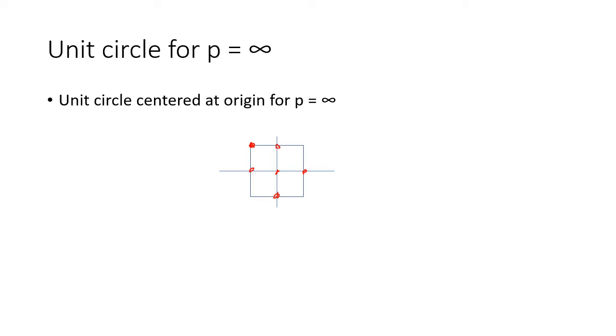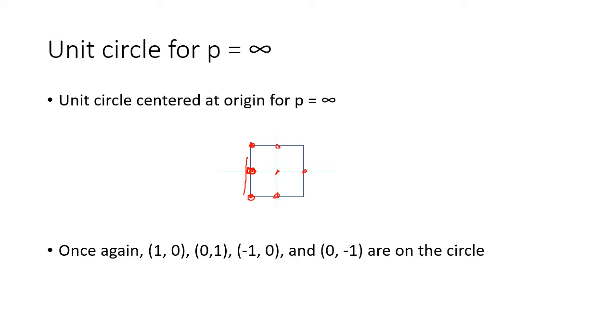But the distance at the point on the left is also 1. The distance to the point in the bottom left-hand corner is also 1. Any point on that line is 1. All the way around, this square corresponds to the unit circle. So as we said, once again, the same 4 points are there, but arranged in a different way.